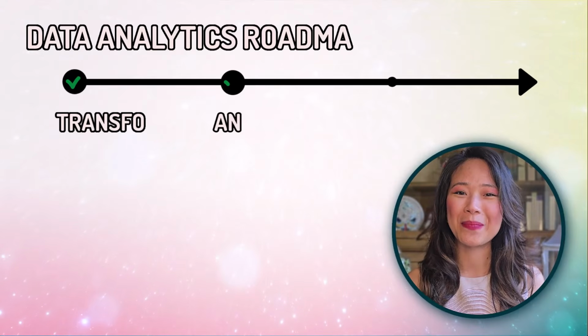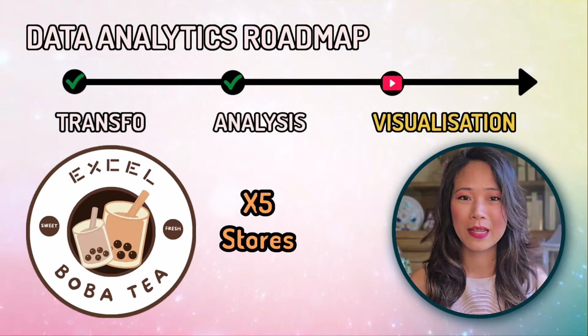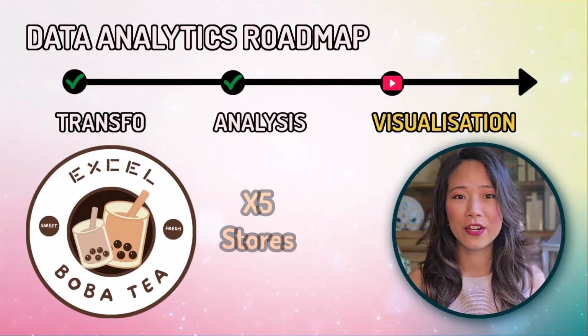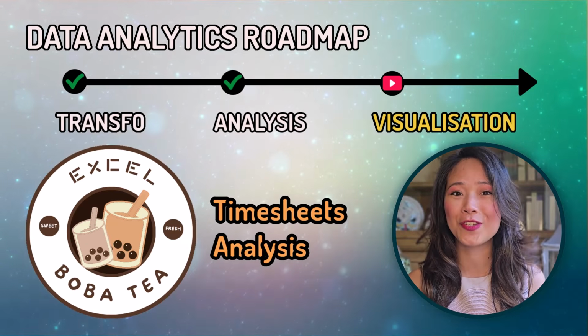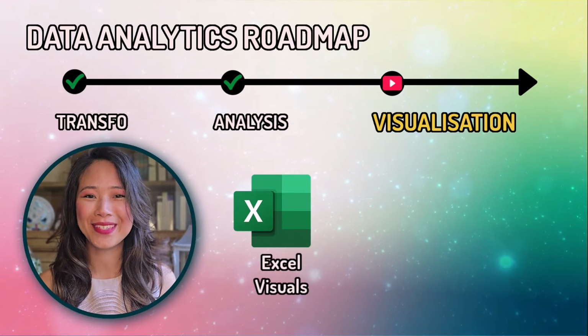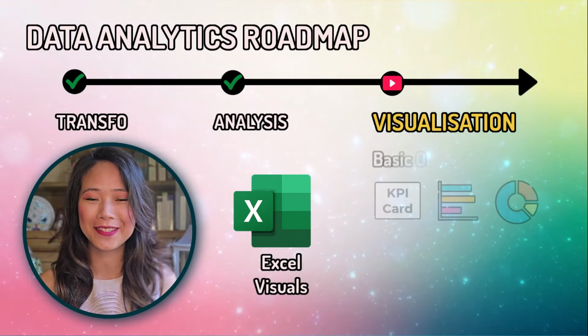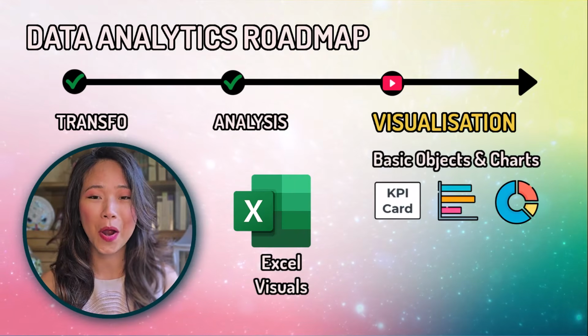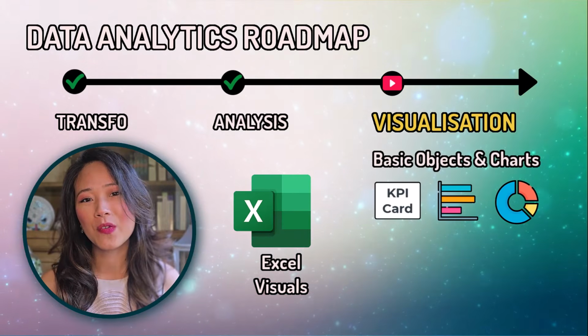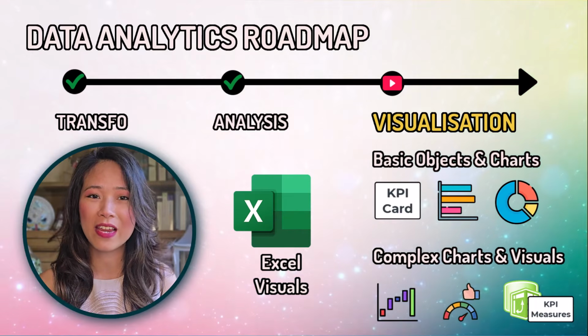This video is a part of a data analytics series where we're helping Excel Property, a growing property chain, turn messy timesheet data into visuals that speak volumes. In the previous episodes, we explored different types of visuals for different purposes, starting with the simple objects and charts. Then we moved on to more advanced visuals like the waterfall chart and the gauge chart.